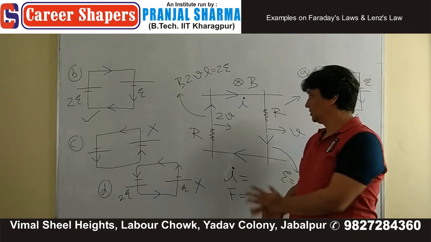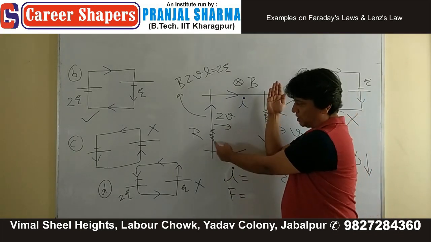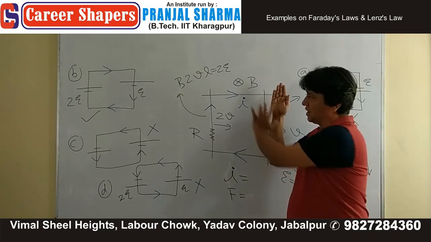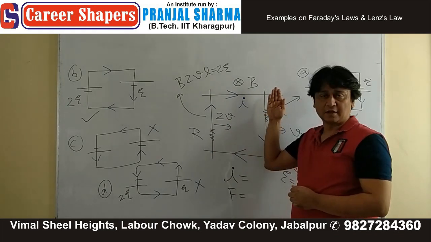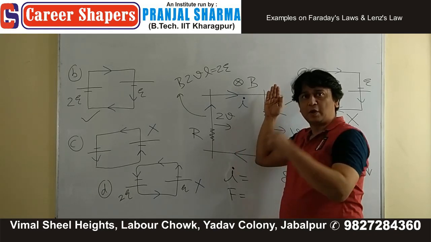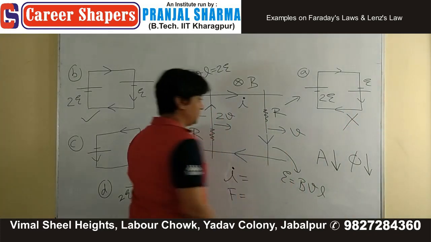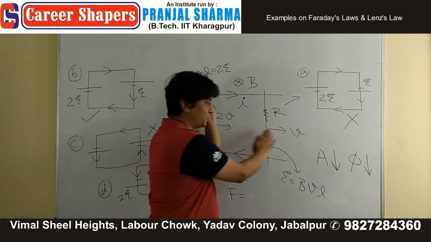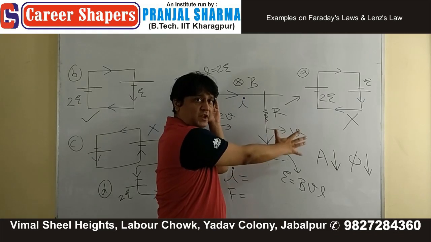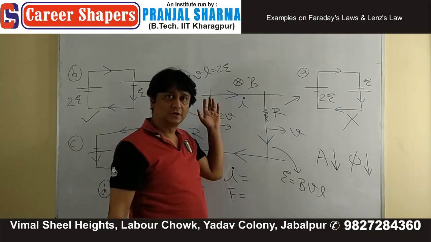Listen again. If you hold this rod at rest and start moving this rod in this direction, the area of the loop is decreasing. If the area of the loop is decreasing, then the EMF will try to increase the flux. But if I keep this rod at rest and this one moves, then the area of the loop is increasing, and therefore the induced EMF will try to decrease the flux.